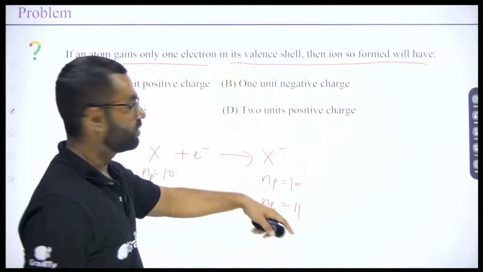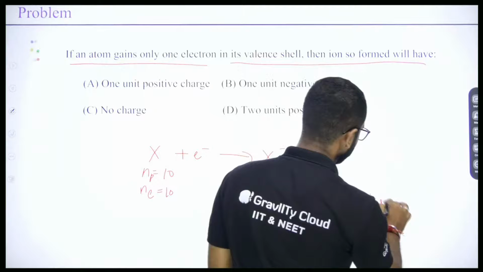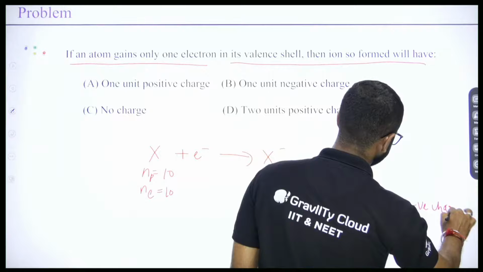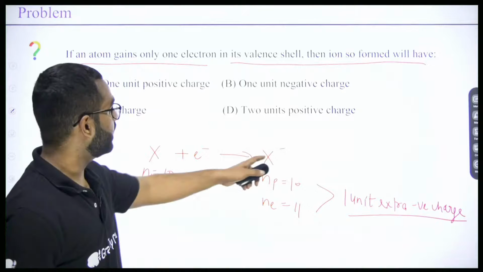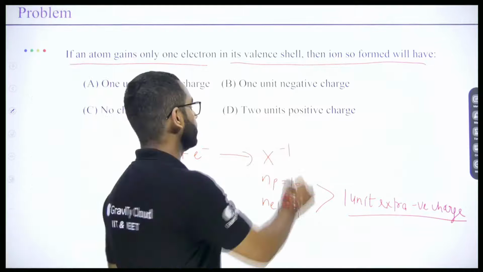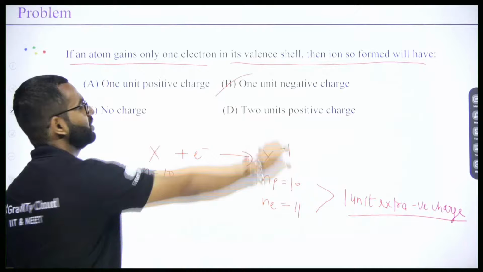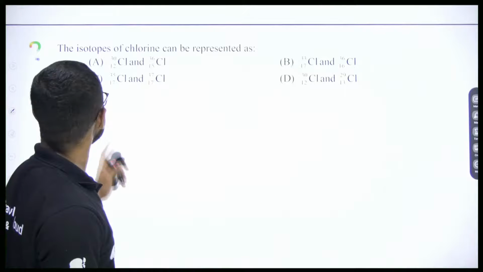So there is one extra negative charge. That's why it is X minus 1. So the answer is 1 unit negative charge, option B.